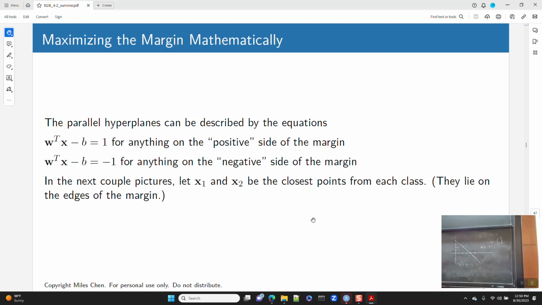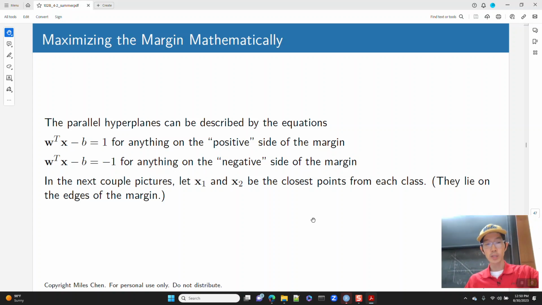So these define the negative 1 and the plus 1, some parallel hyperplanes there.